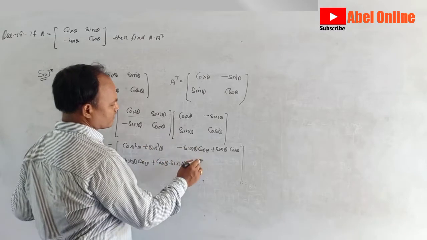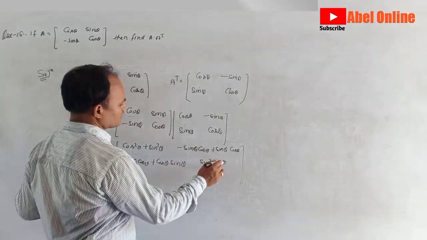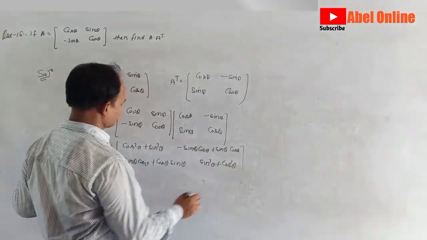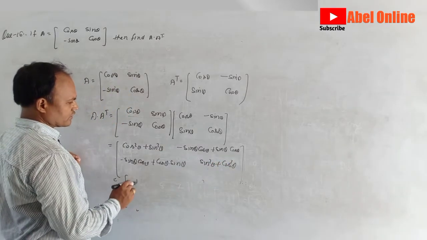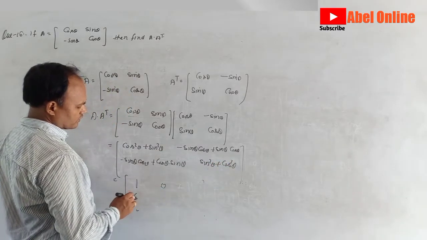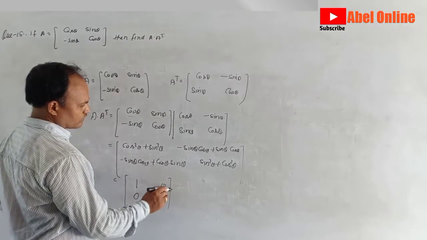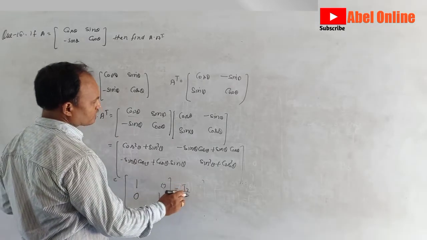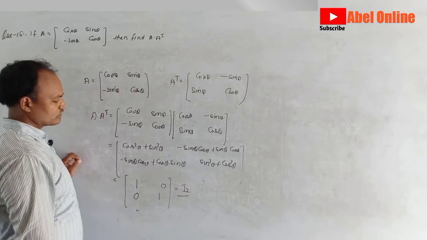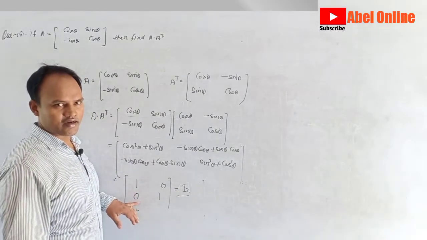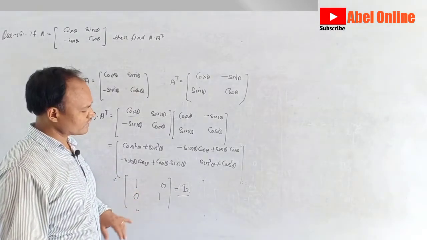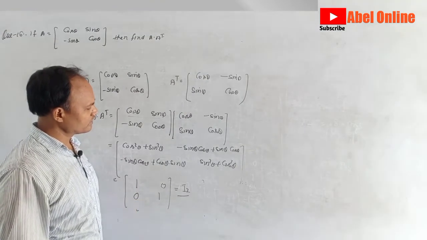The last is sin square theta plus cos square theta. So we get 1, 0, 0, 1, which is I2, students. This is the identity matrix of 2 cross 2, I2, meaning 1 0 0 1.